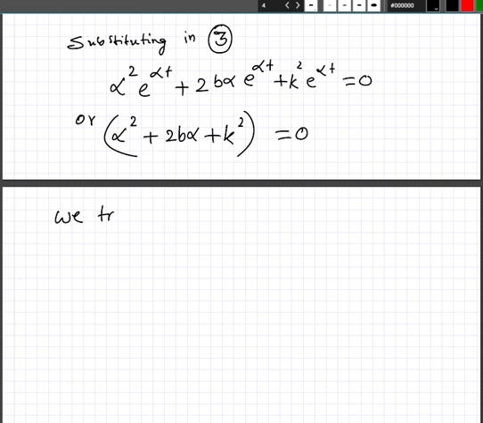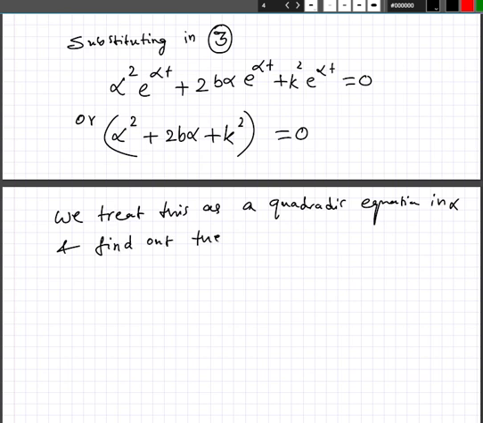We treat this as a quadratic equation in alpha, okay, and find out the roots. You know that if it is a quadratic equation, then the roots are alpha is equal to minus b plus or minus square root of b square minus k square.